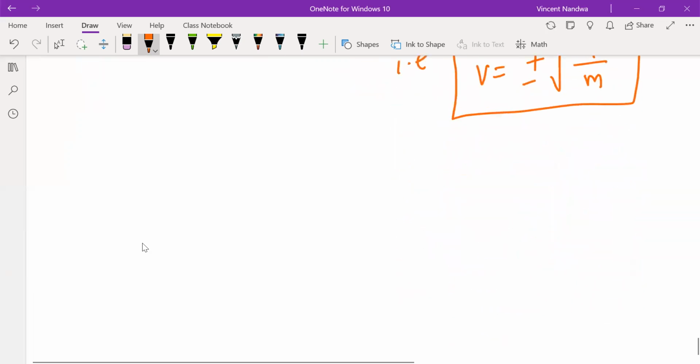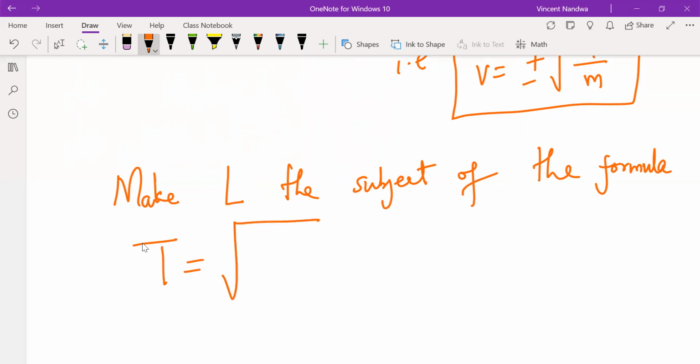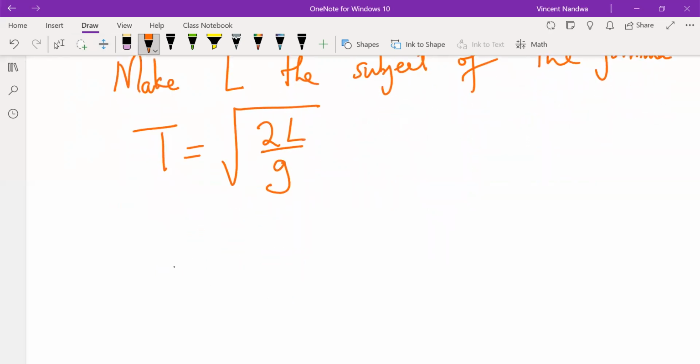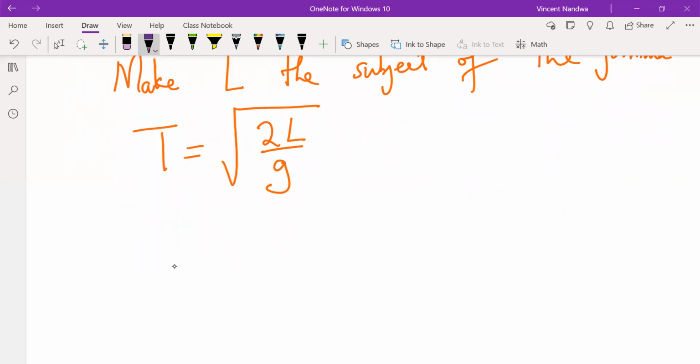And then lastly, make L the subject of the formula given that T is square root of 2L over G. Now, in such kind of problems, the first thing is to remove the square root sign by squaring.